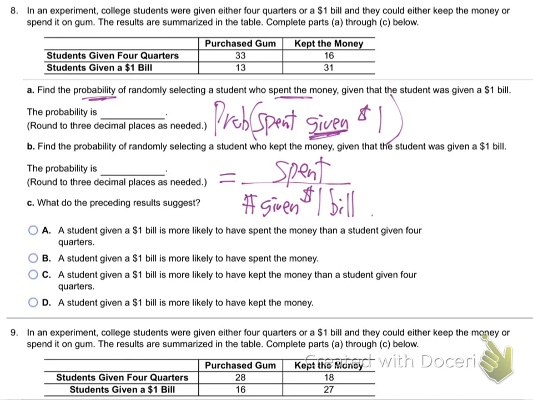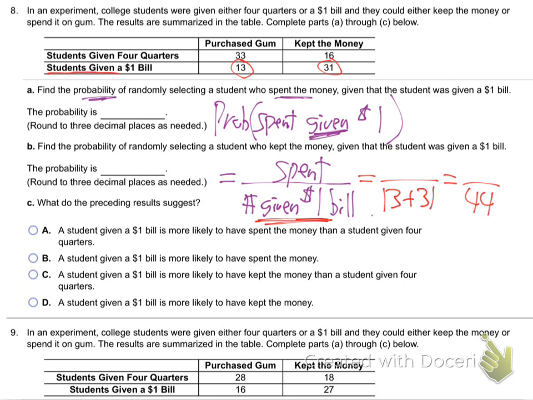So we're given that they were handed the dollar bill. That's what they're telling us. So what's the chance they spent the money given that they were handed the dollar bill? Let's do the denominator: how many people were handed a dollar bill? 13 and 31. Yeah, 44. Everybody see that?